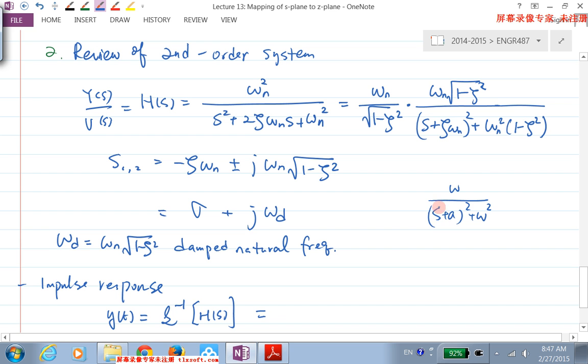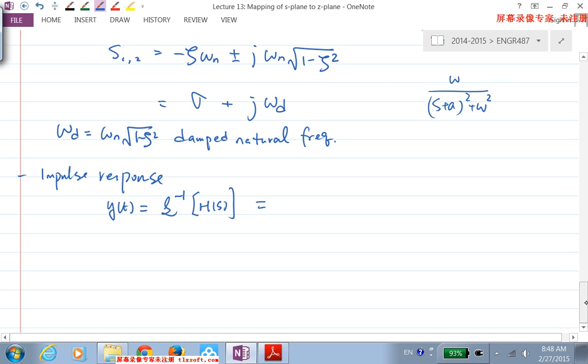If you look at the writing I have over here, that's exactly the same format as this, right? What's A? A is omega n. What is omega? Omega is the square root of this guy here. So you can easily find the inverse Laplace using the table.